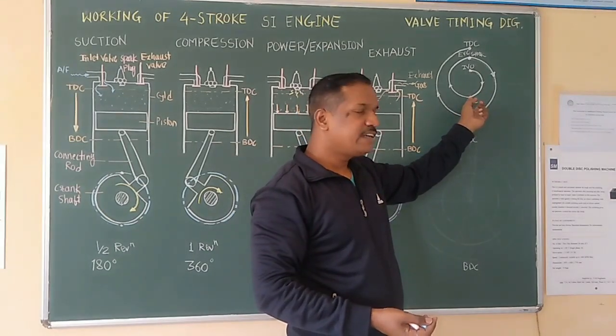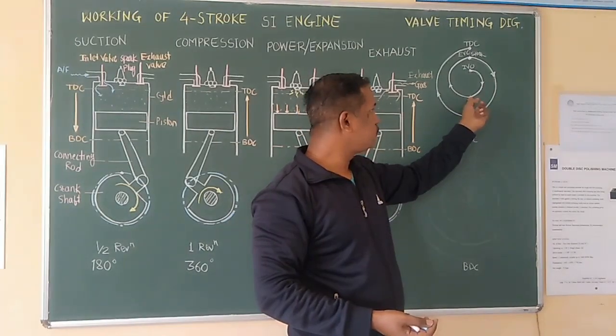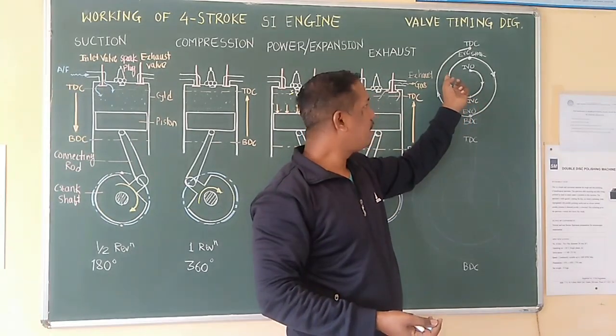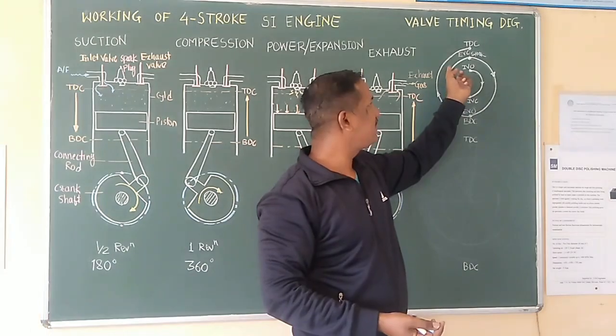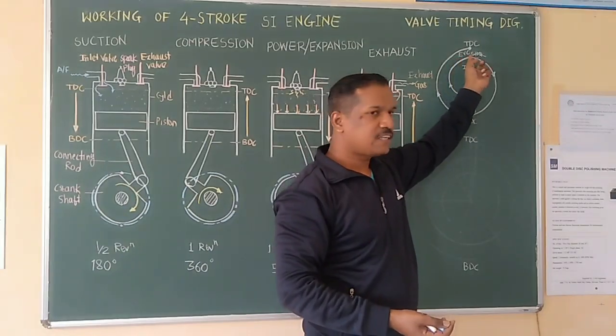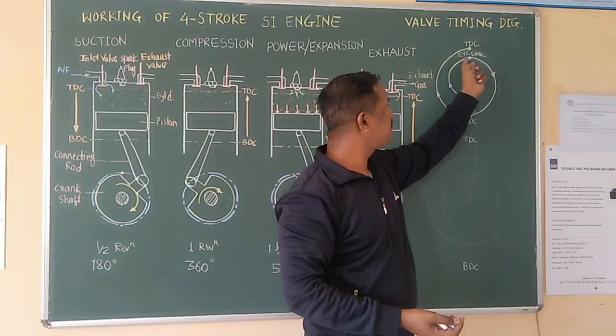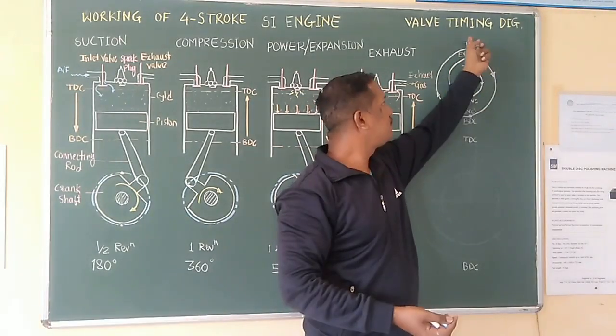So in the next revolution, when the piston moves from BDC to TDC, both valves are closed, and whatever charge is inside the cylinder gets compressed, and this compression continues till the piston reaches TDC, this level.